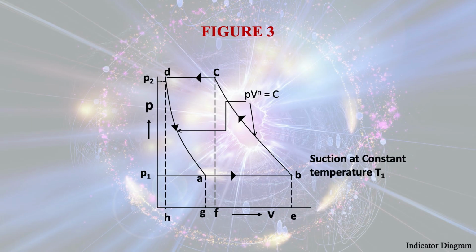Now the area of ABCD, we can calculate as the area of CDHF plus area of HEBC minus the area of DAEH and minus BEGA.